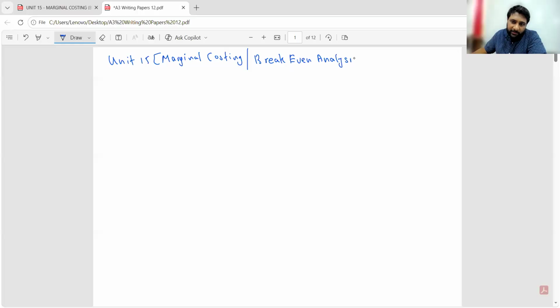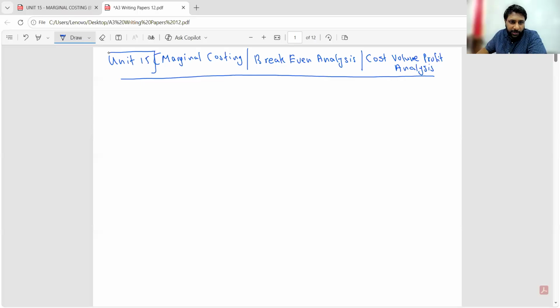Certain people use the word cost volume profit analysis. So all three names are used for this particular unit.